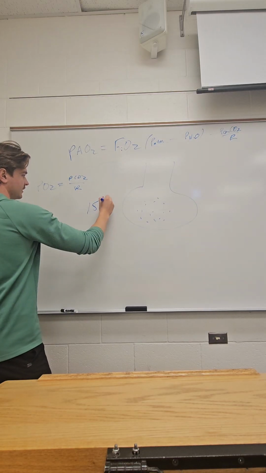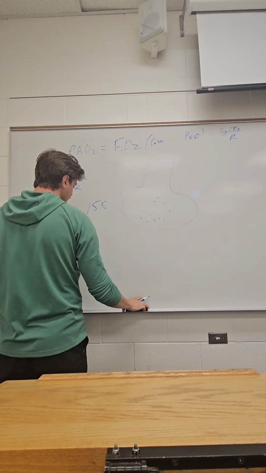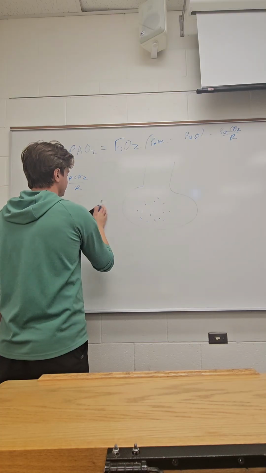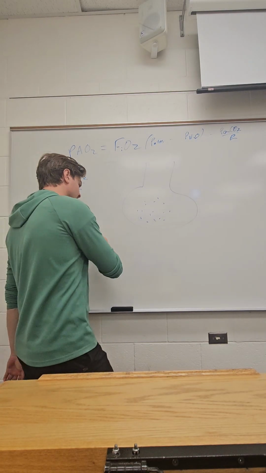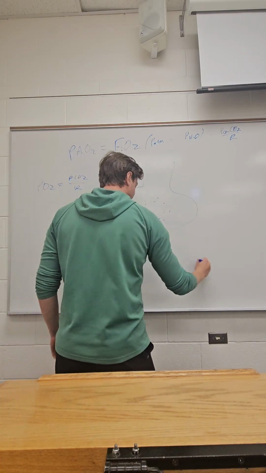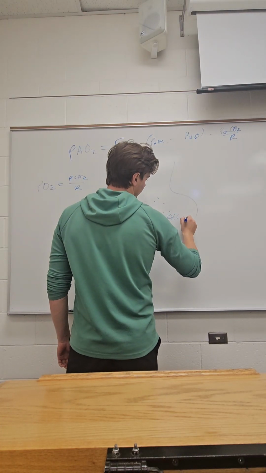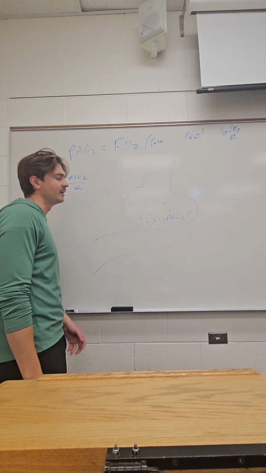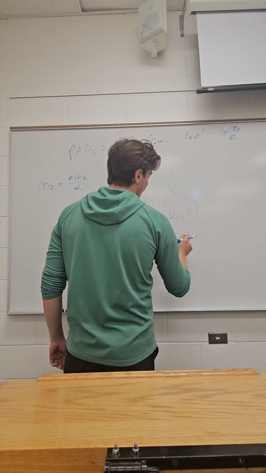Well, that's about 158 millimeters of mercury. What we're trying to figure out, because clinically this is important, is what is the partial pressure of oxygen in here? Because what it will be in there is very close to what it will be in the arteries.